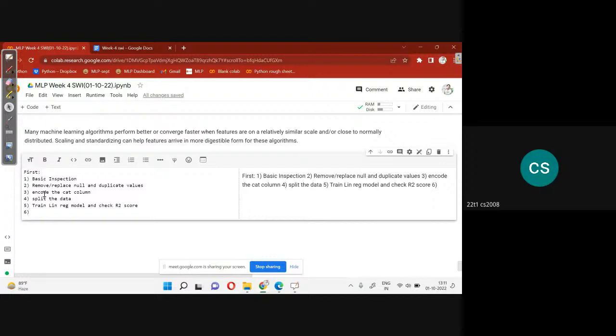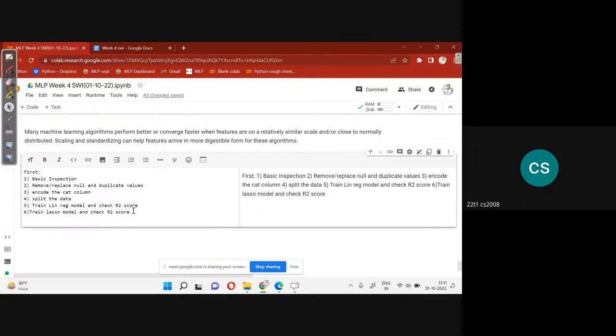After that, lastly you can also use elastic net.